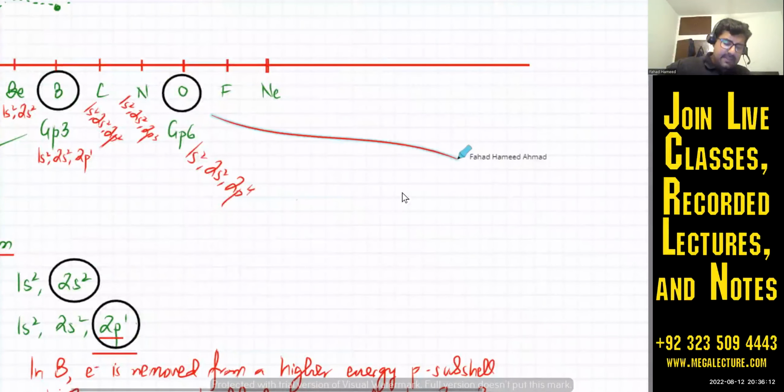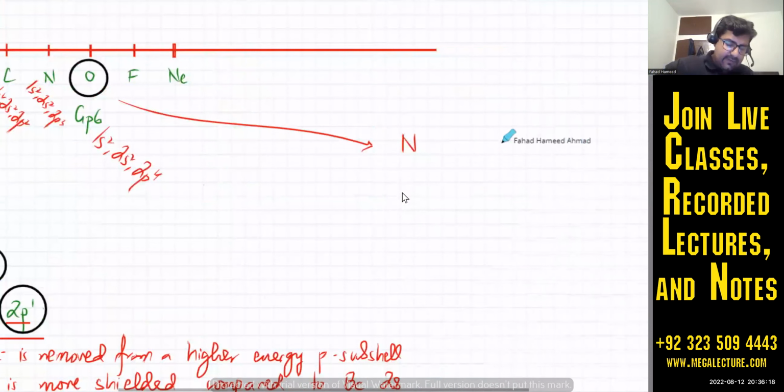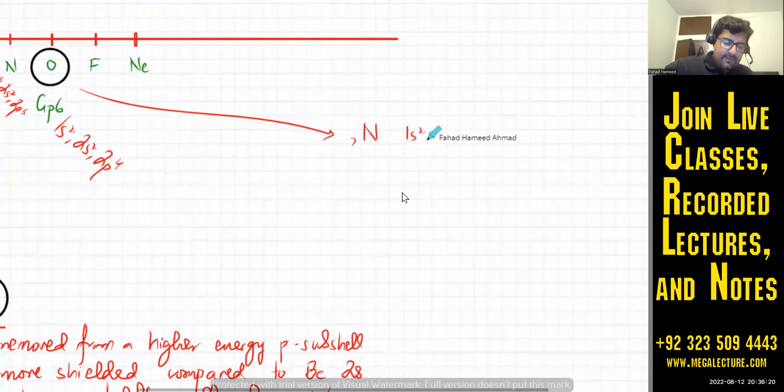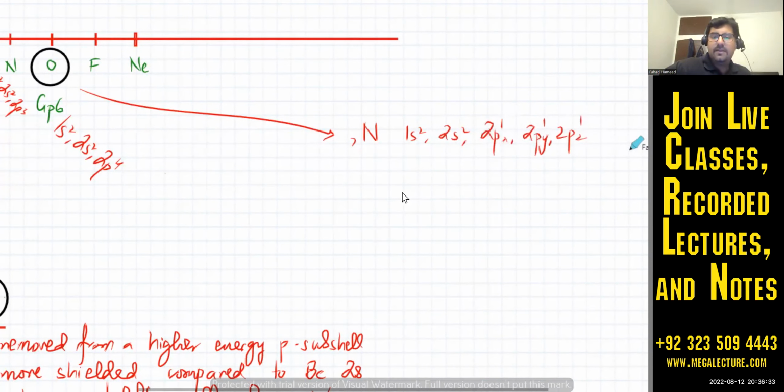So in oxygen's case, this is what happens. Before oxygen, electrons were being removed from nitrogen. Nitrogen had an electronic configuration of 1s2, 2s2, and 2p3. 2p3 means that the 2px, 2py, and 2pz had 1 electron each, right? 7 electrons.